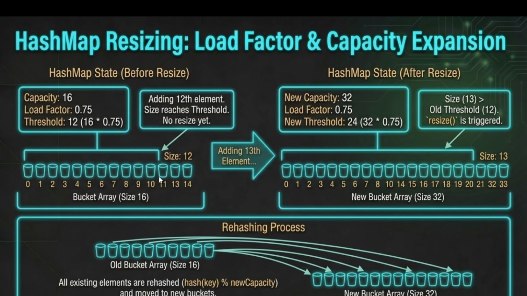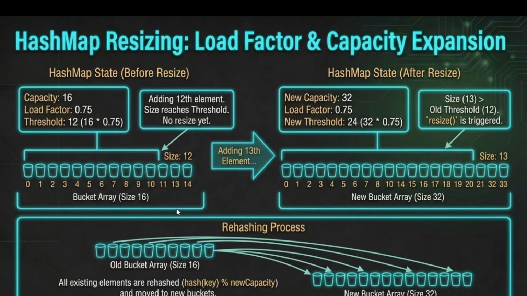So I have added the 12th element. What should be done? It should increase the table size. Adding the 12th element is fine, but adding the 13th element, it should increase the bucket size. Now from 16 it goes to 32. That is 2 power n.